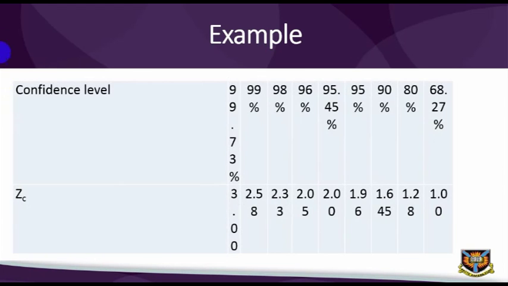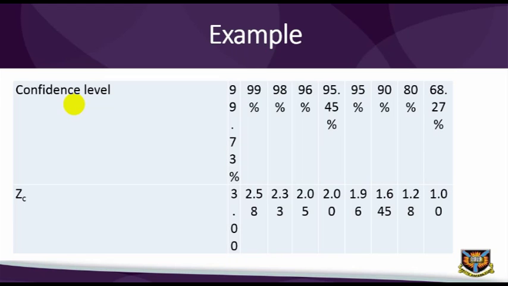Confidence level: 99.73%, 99%, 98%, 96%, 95.45%, 95%, 90%, 80%, 68.27%. Z-score: 3.00, 2.58, 2.33, 2.05, 2.00, 1.96, 1.645, 1.28, 1.00.